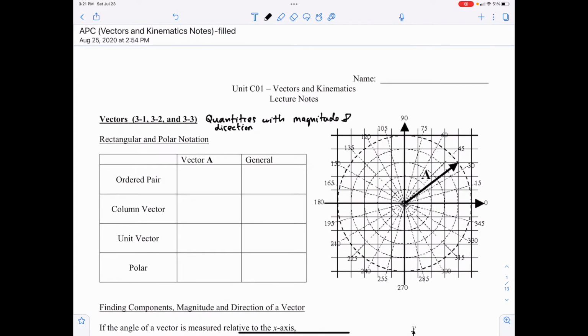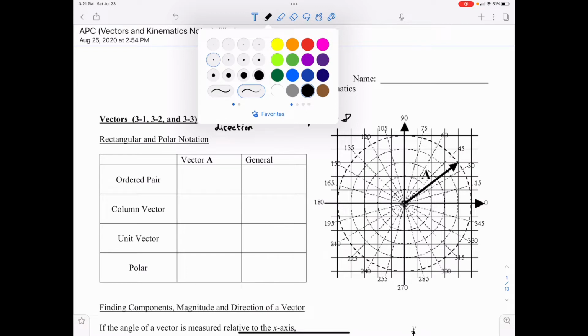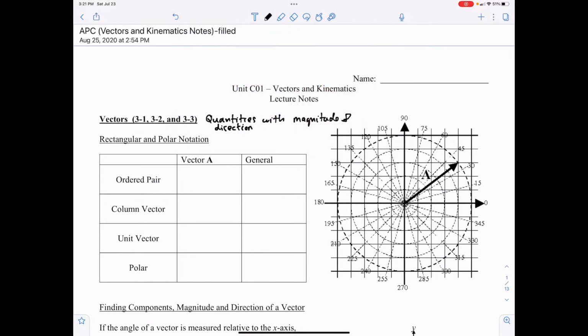If we take a look at the image, the graph over to the right, we can see vector A right here. Now, vector A, the tail of vector A is at the origin 0, 0. The tip of vector A is where we're interested.